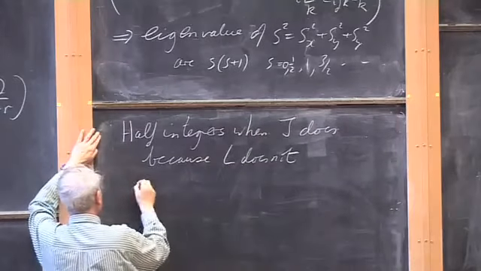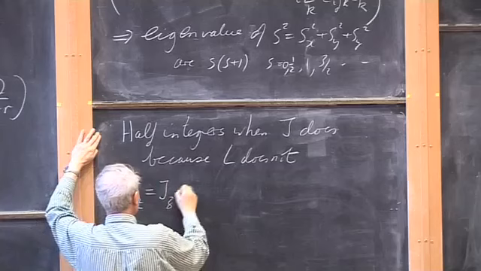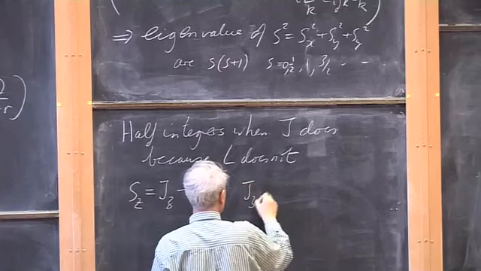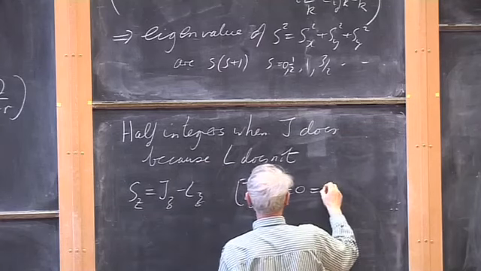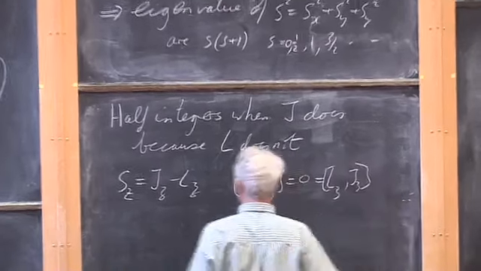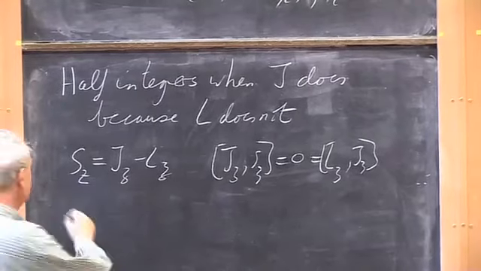That's because Sz is equal to Jz minus Lz, and [Jz, Sz] equals nothing, which is also the same as [Lz, Jz], etc. All these three operators commute with each other, so there's a complete set of mutual eigenstates.